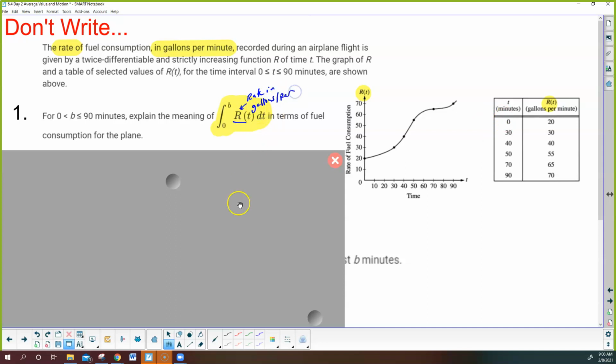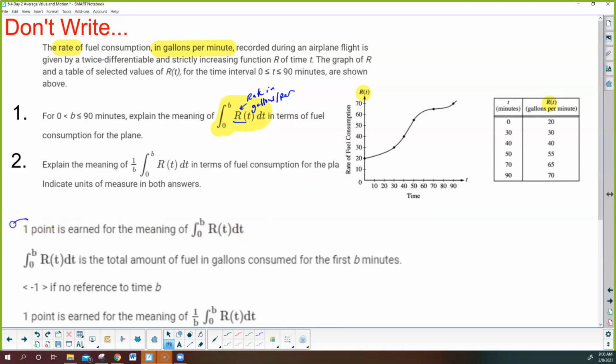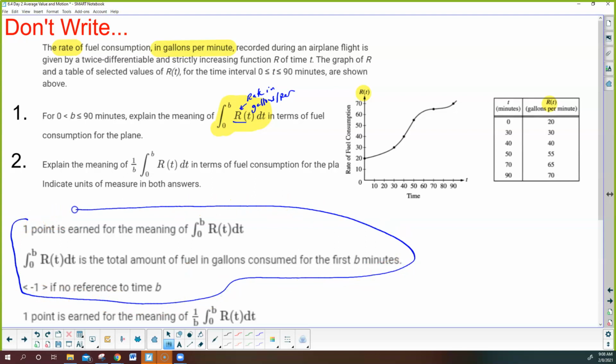per minute. Now, we know that a rate is like the derivative, and we know an integral and a derivative reduce each other out. So this integral is going to actually reduce out the rate, and I'll show you the way that they would grade this. Okay, if I undo the rate, that's going to get rid of the gallons per minute, and it's going to leave us with just gallons.